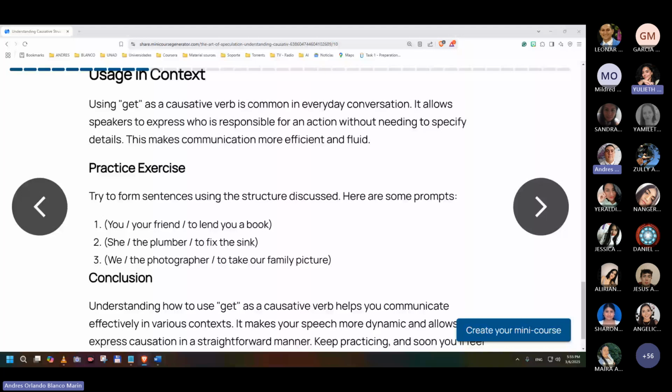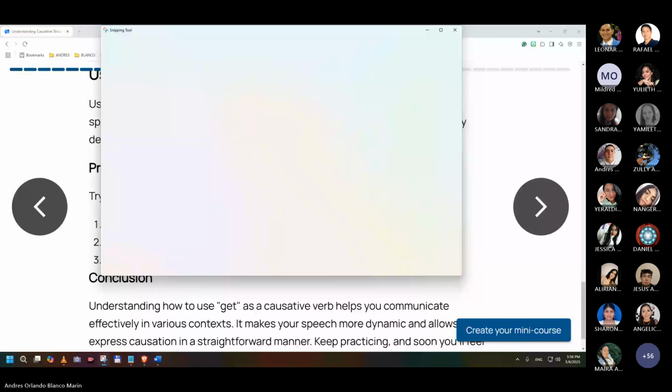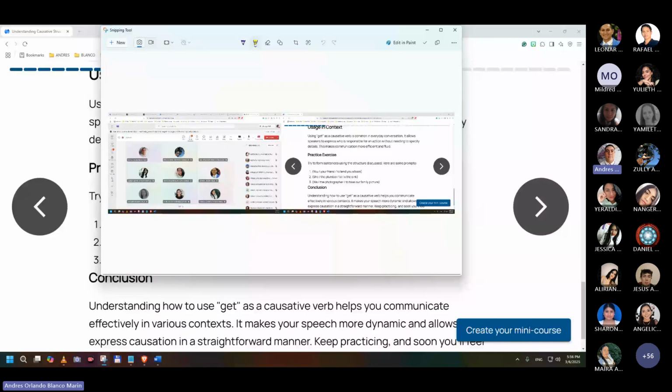What about number 2? She got the plumber to fix the sink. That's correct. Simple past. Can I make a sentence in the future?